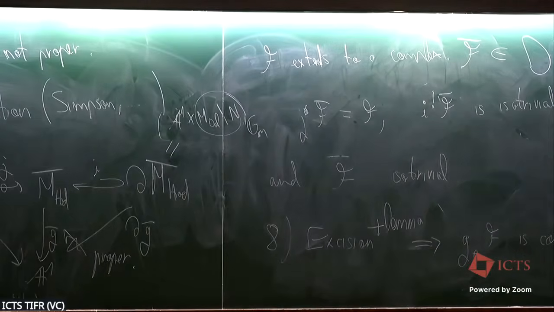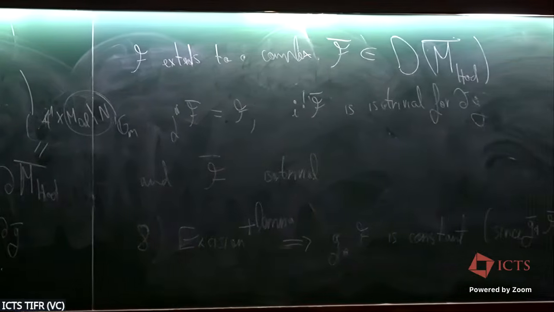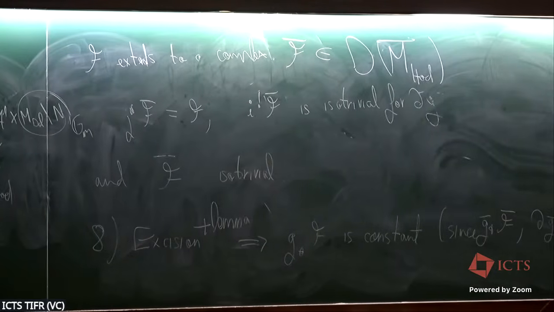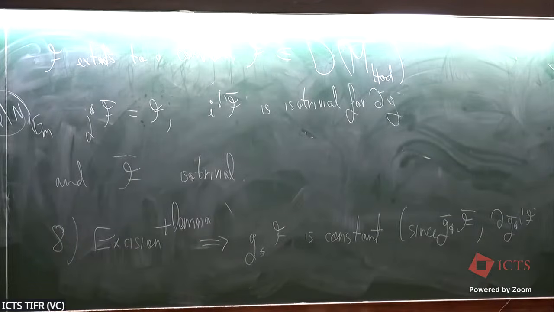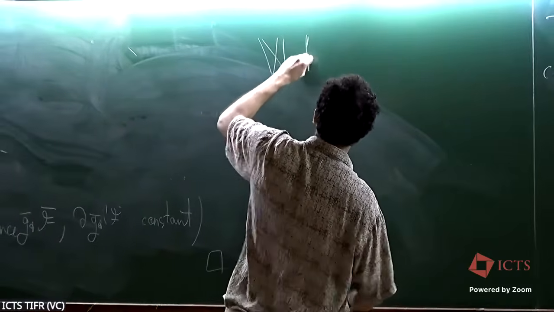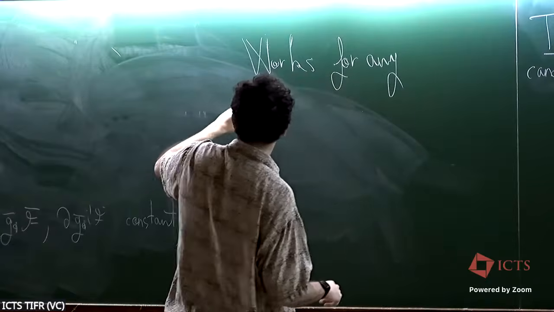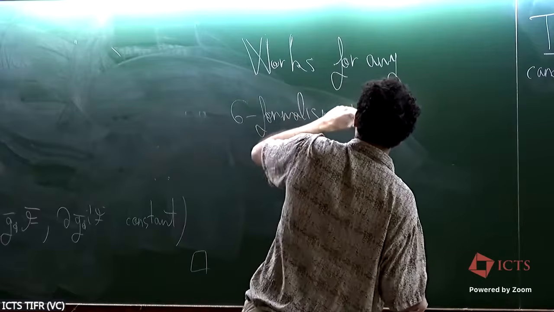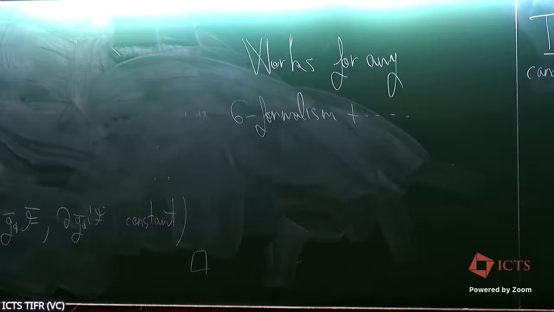Yeah, thanks. So as you can see, this proof is very formal. This is why it works. Basically this proof works for any sheaf theory. This is why it works for motives as well. So this works for any six-functor formalism satisfying A1 invariance and excision, for which motives are the initial one.